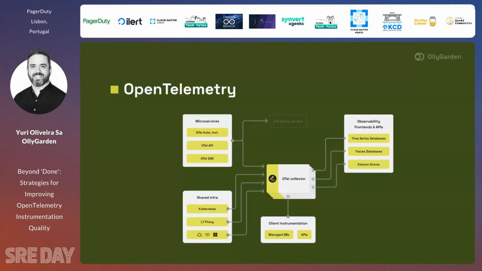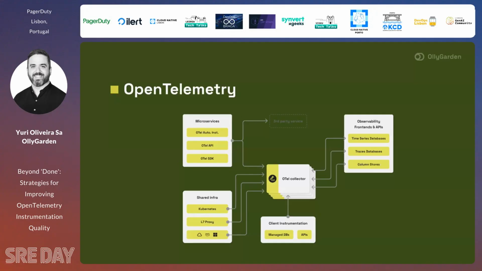Probably whoever is familiar with OpenTelemetry is tired of seeing this diagram, because this is basically how OpenTelemetry works. But for those not familiar with it, it explains the OpenTelemetry project. OpenTelemetry consists of three steps, I would say: the receivers, the OpenTelemetry collector per se, and the exporter.